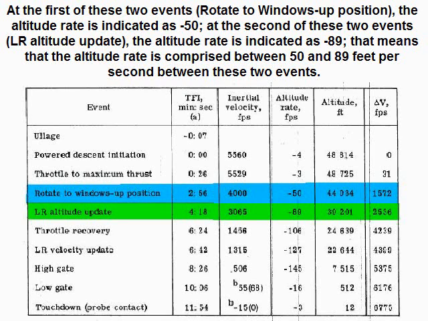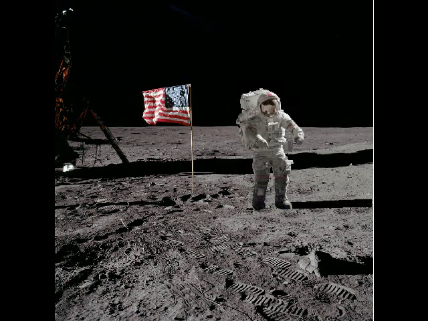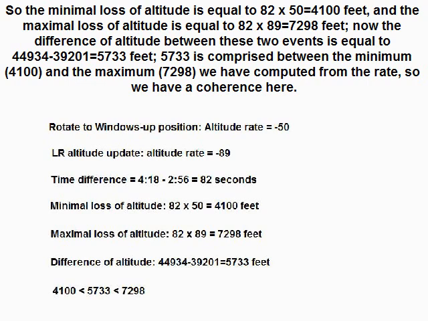At the second of these two events, altitude update, the altitude rate is indicated as minus 89. That means that the altitude rate is comprised between 50 and 89 feet per second between these two events. So the minimal lost altitude is equal to 82 by 50 equals 4100 feet, and the maximal lost altitude is equal to 82 by 89 equals 7298 feet.